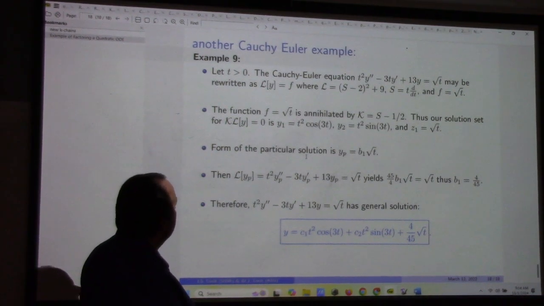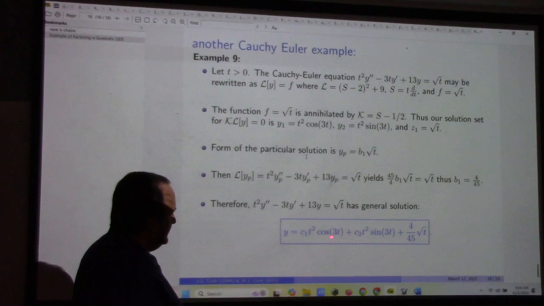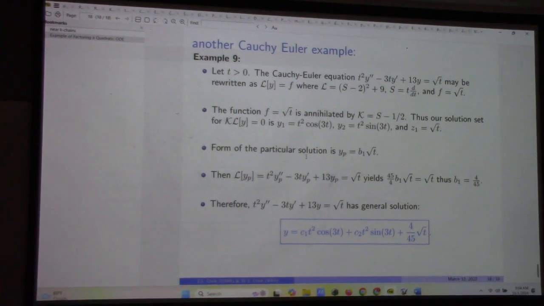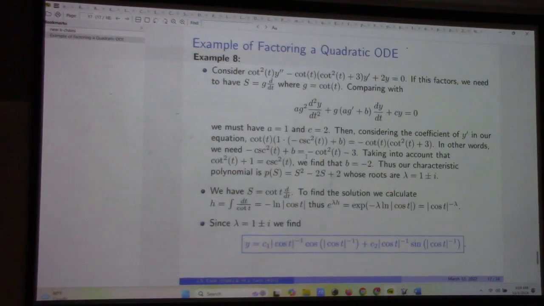So, uh-oh. Oops. I feel like I'm supposed to have 3 log t here. Look at that. I gave this talk once. Nobody corrected me. That's sad.